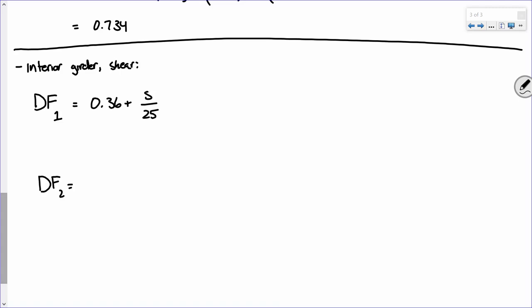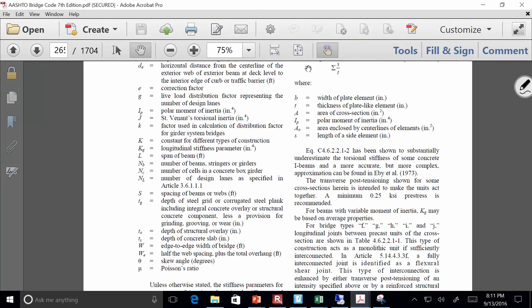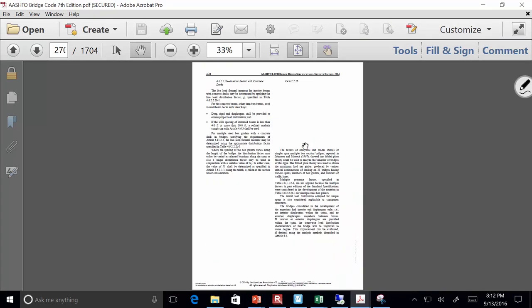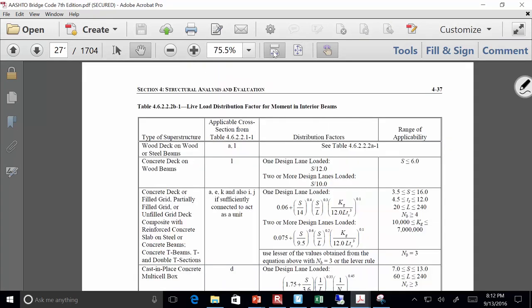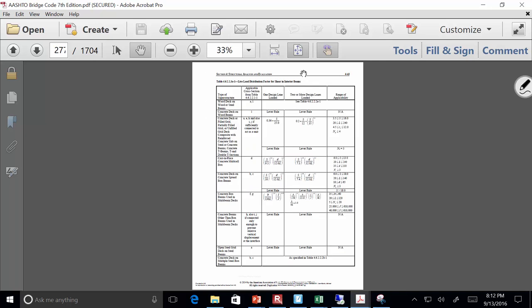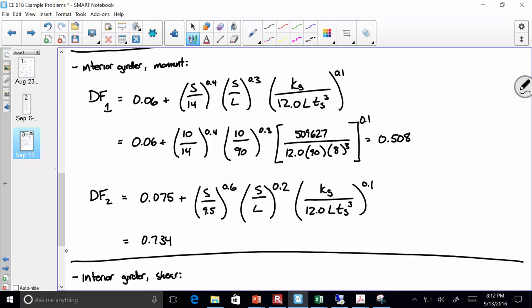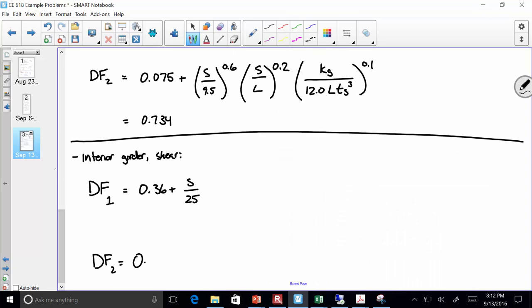All right, I'm on, let's see. Okay, so we're on 437 for moment interior beams. I'm on 443. All right, hold on. All right, go ahead. Minus, there we go.